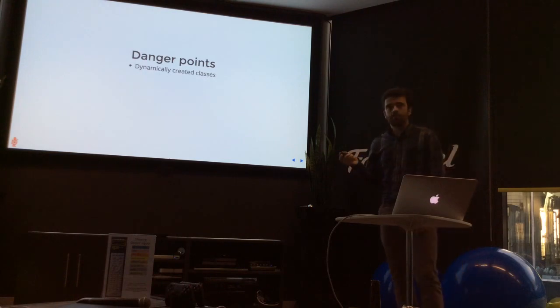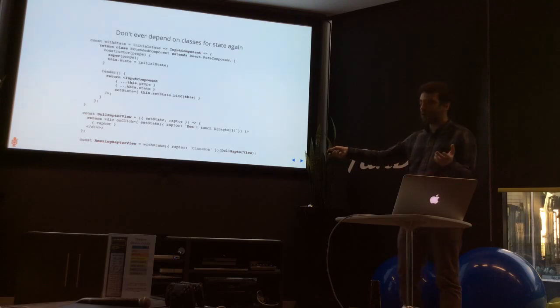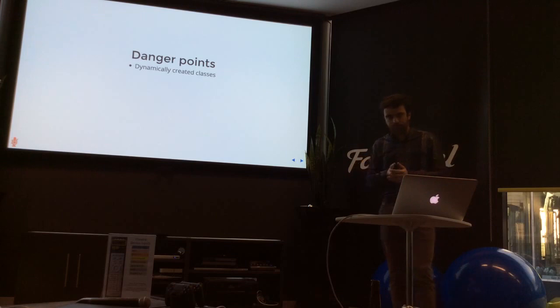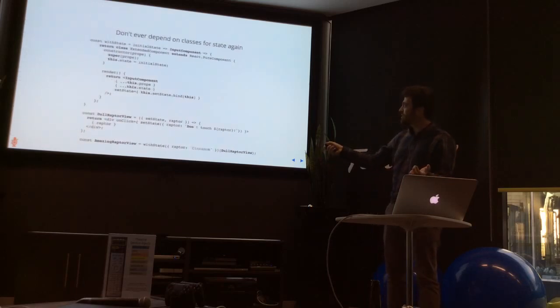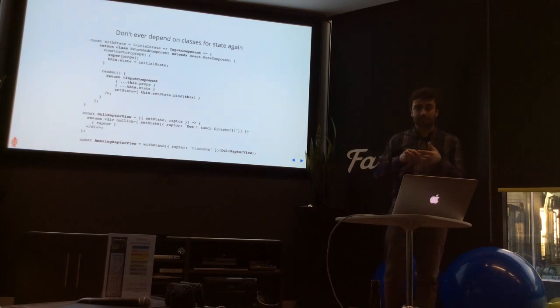Here is a danger point. I put all the hooks here, at the same level as the component. I've never enhanced a component in the render method. That's because when you enhance a component, you're basically returning an anonymous class. If you call this with state in the render method, you would be creating a new component every time, meaning it has a different reference.